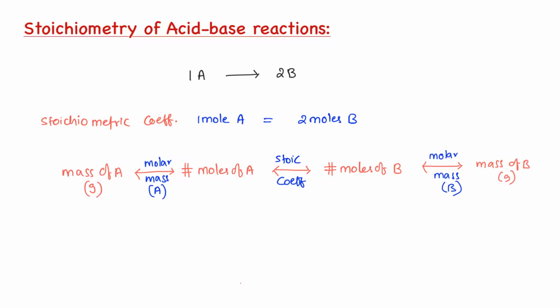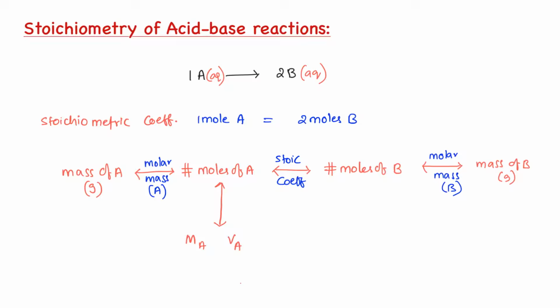Now let us say the reaction is happening inside an aqueous solution. Instead of the number of moles of A, we are now given the molarity of A and the volume of the solution. Using these two, we can calculate the number of moles of A. And once we know the number of moles of A, we can calculate the number of moles of B by using the stoichiometric coefficients as conversion factor.